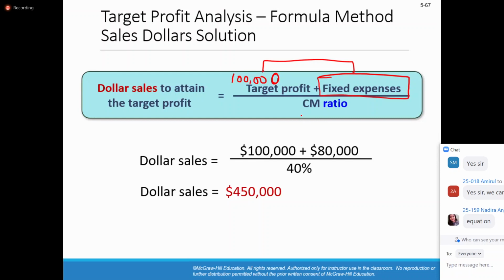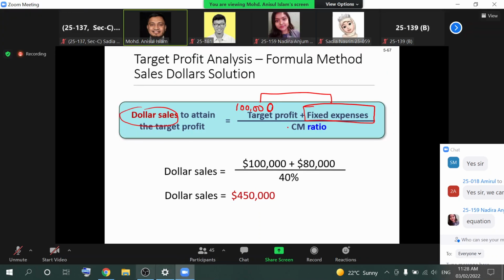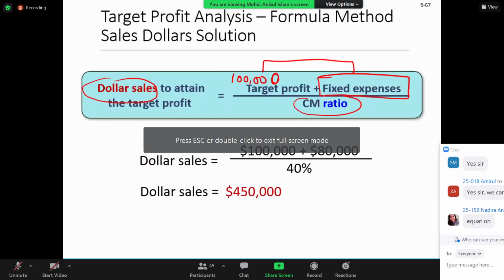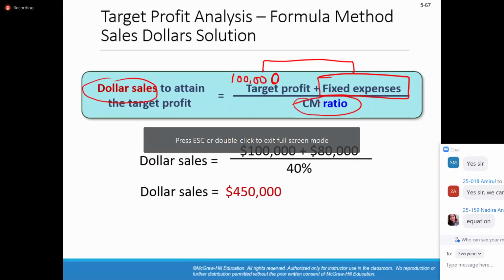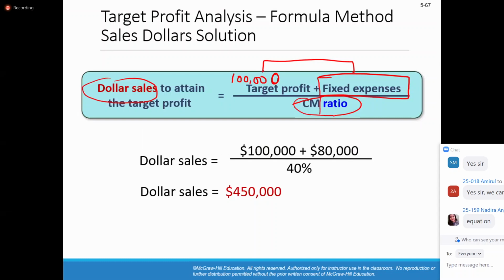Now, as we are using the formula approach, and we want to get the dollar sales rather than the unit sales, we have to apply the contribution margin ratio here rather than the contribution margin. So we have to cover a total of 180,000, and we divide this number by the 40% contribution margin ratio.